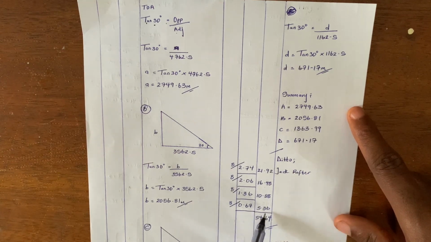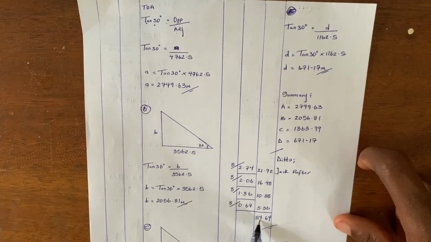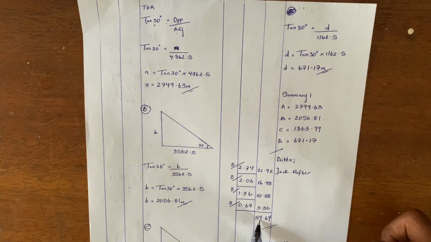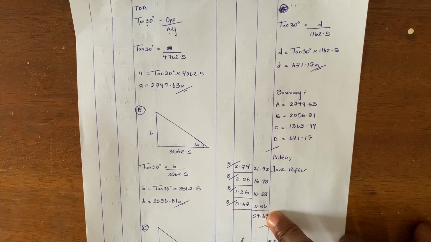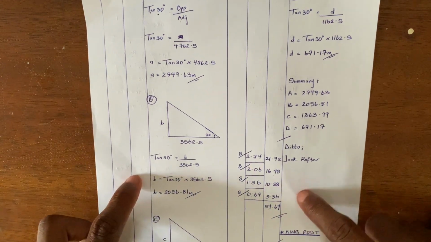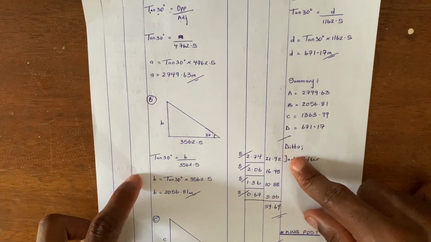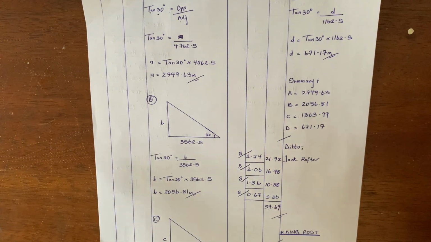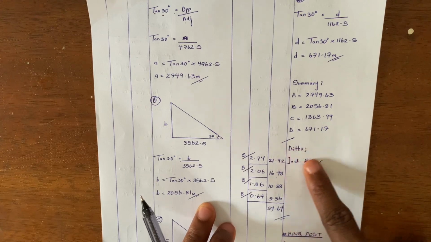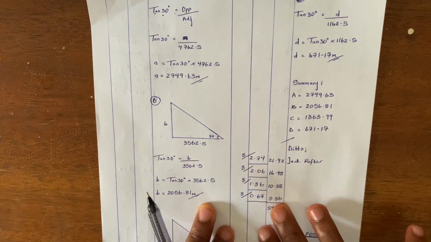When you add everything together, this is the total quantity in meters of timber that you are going to be needing for your jack rafter. So you do the same thing in your description. Ditto, the same size of jack rafter is the same size that we've been using for the other rafters. So you write ditto jack rafter and then you measure.